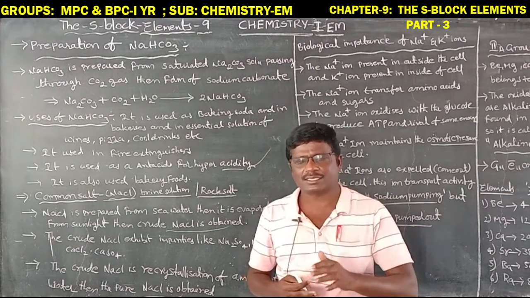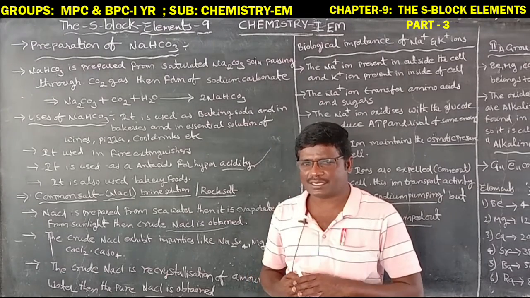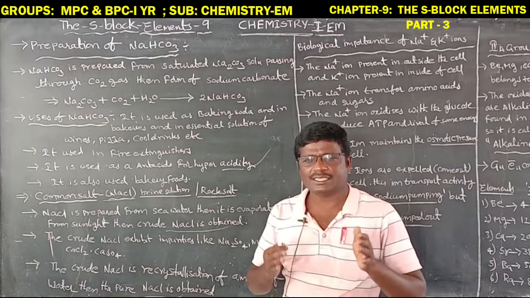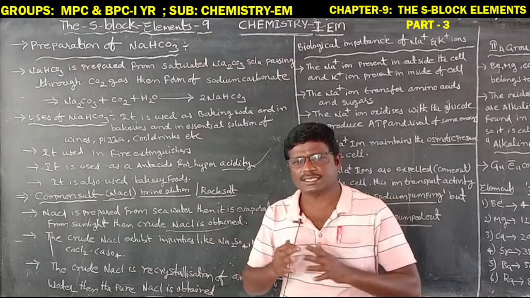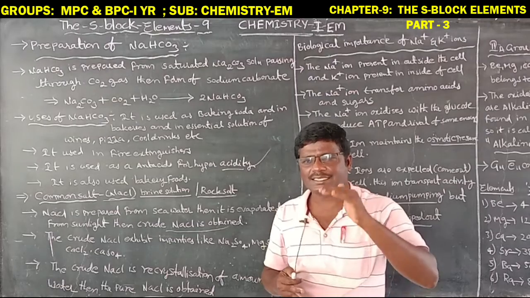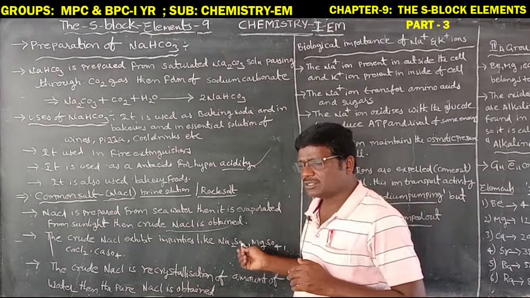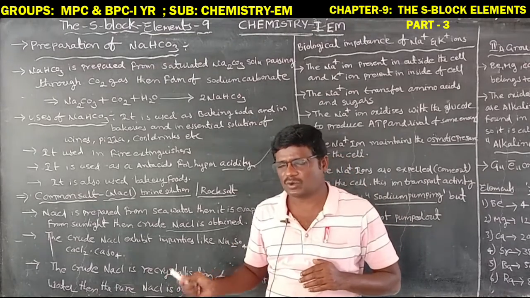The common salt, also known as sodium chloride, is prepared from seawater, then evaporated by sunlight, and the crude NaCl is obtained. The crude NaCl solution contains impurities like magnesium chloride, magnesium sulfate, sodium sulfate, calcium sulfate, and calcium chloride.